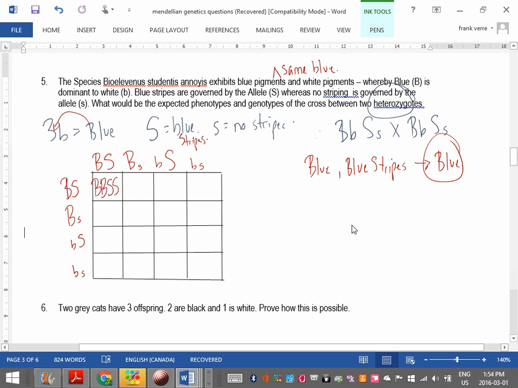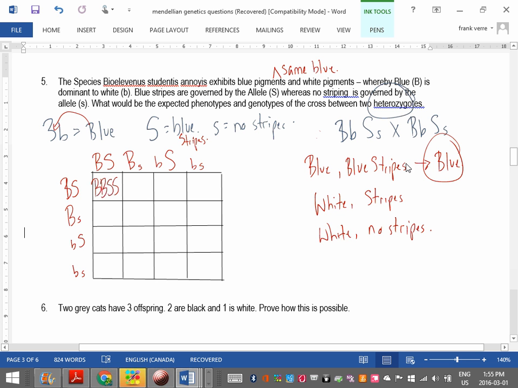Another possibility is white with stripes and white with no stripes. Can you still put blue with no stripes? So it's either going to be blue with stripes, which looks blue, or blue with no stripes, which still looks blue.